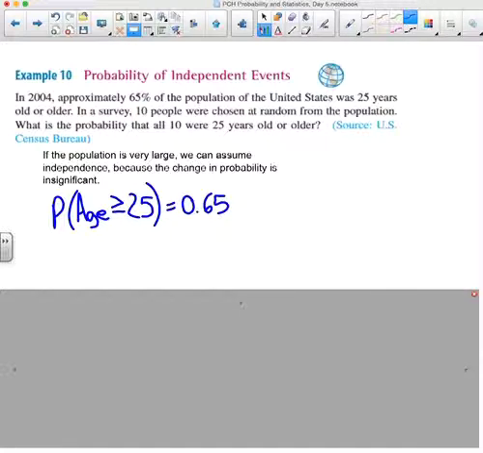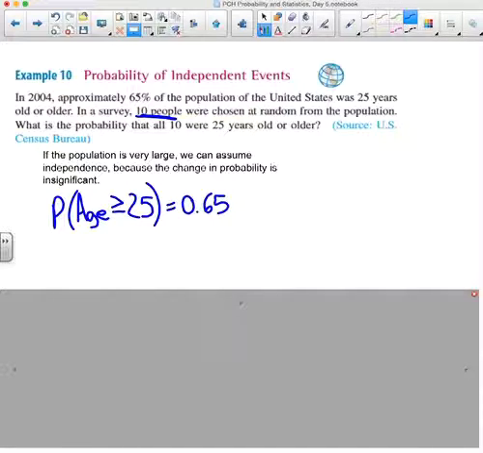Each person we pick, that's an independent event, right? Would it be 65 over 100 to the power of 10? There we go. It would be this probability to the power of 10. Okay? We're repeating this. We have 10 independent events, right? Yep.